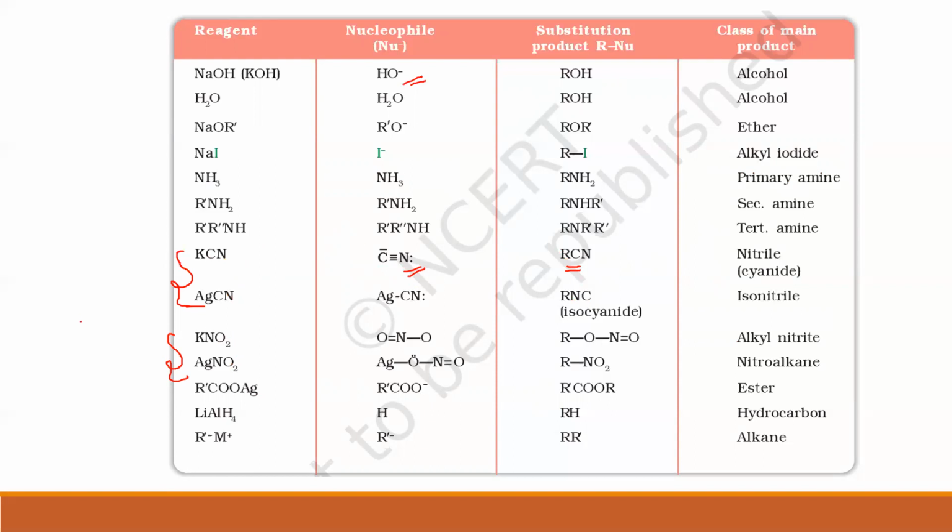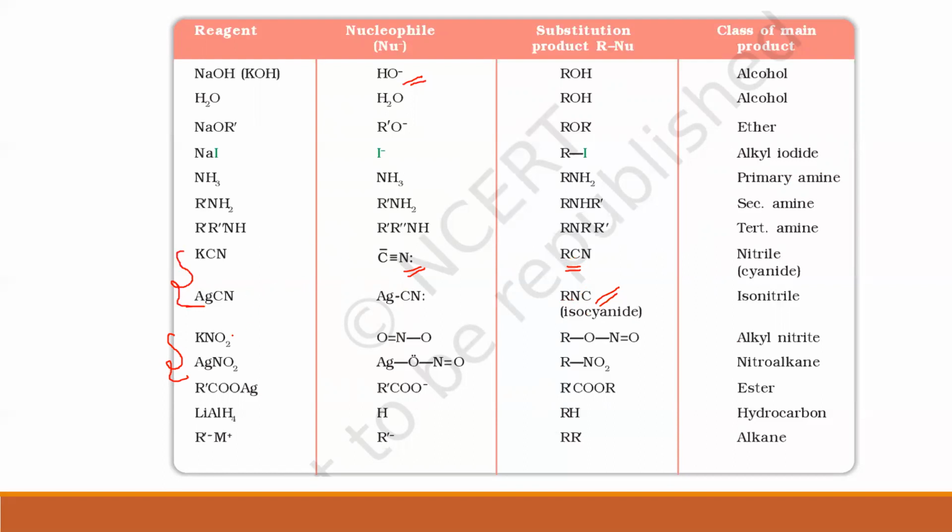Whereas when AgCN reacts with RX, the product obtained is RNC. It's an isocyanide. Here the bond between R and carbon is formed. Here the bond is formed between R and nitrogen. That's what's obtained when I take AgCN.